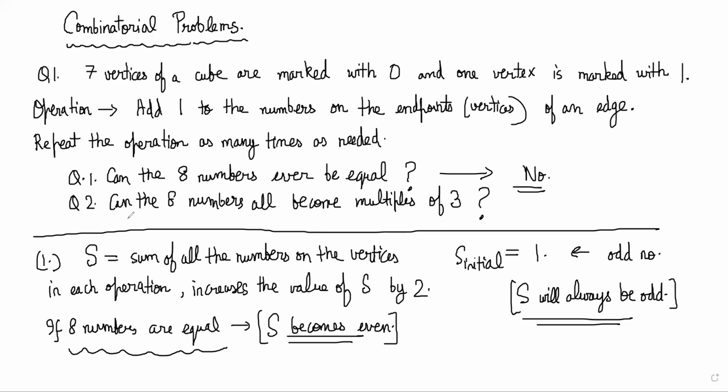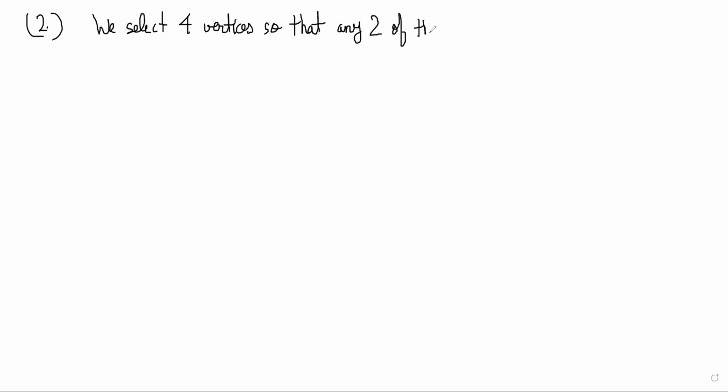Okay, now think about how you would figure out the second part. Can all the 8 numbers become multiples of 3, right? What we can do here for the second part is select 4 vertices from the cube so that any two of them are not the two endpoints of an edge.